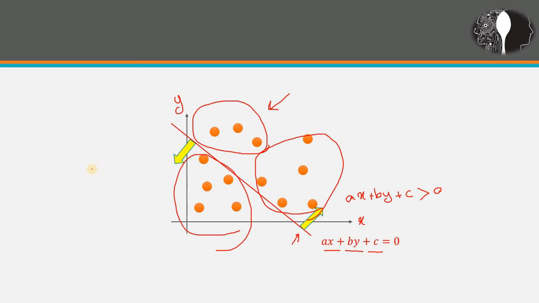And for these patients, suppose this is the information for this patient, if ax + by + c is less than 0, then this patient is healthy. We have already derived a mathematical model for our patients.